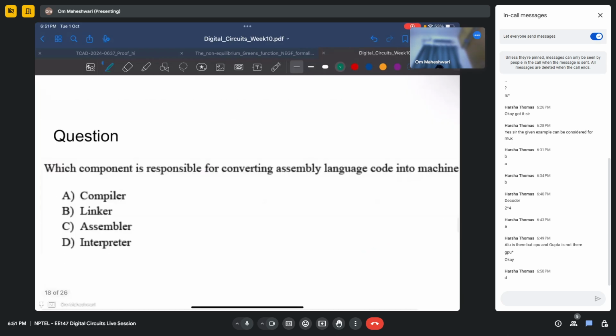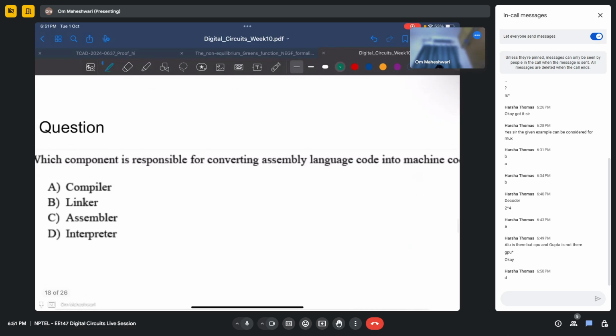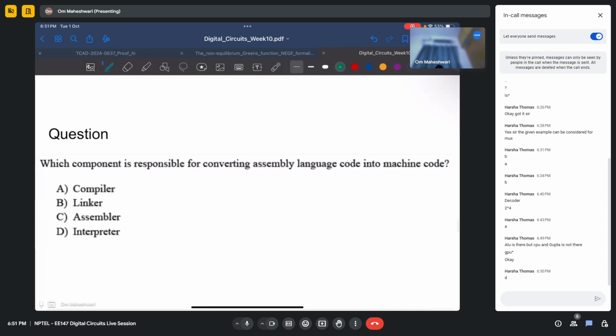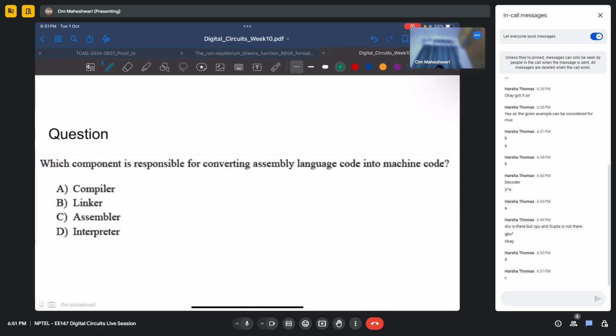Okay, next one. Which component is responsible for converting assembly language code into machine code? Right, assembler.